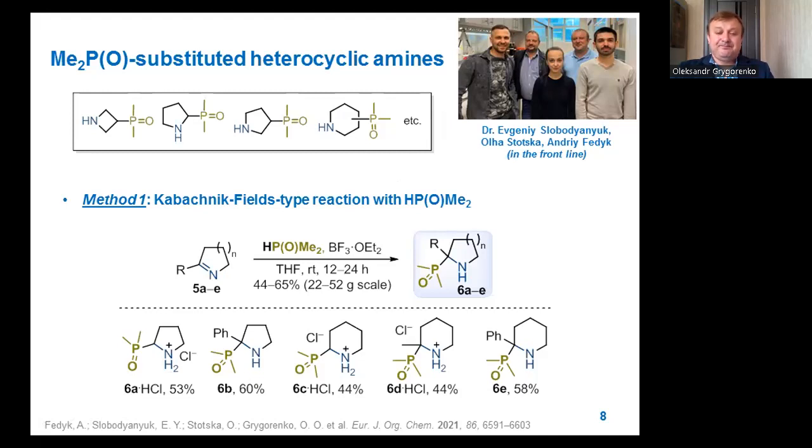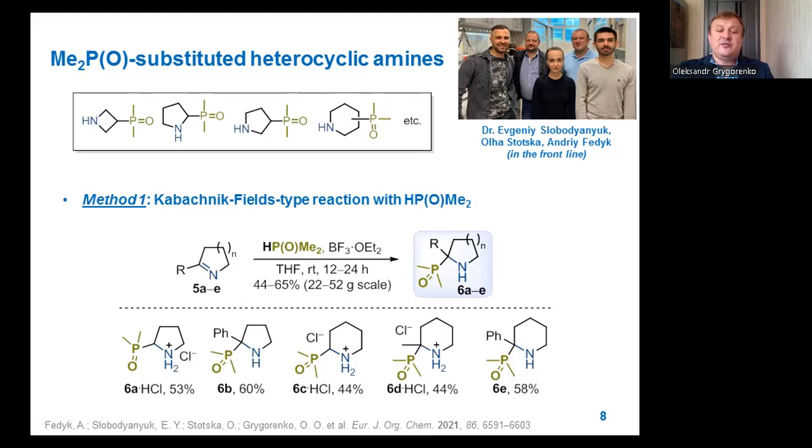For example, for the preparation of alpha-substituted heterocyclic derivatives bearing the phosphine oxide moiety at the alpha position to the heteroatom, we used a modified Kabachnik-Fields reaction involving cyclic amines and dimethyl phosphine oxide in the presence of a Lewis acid. And the method worked pretty well.